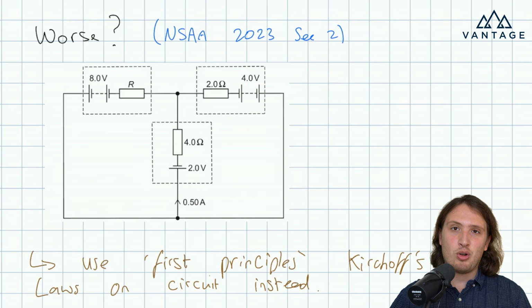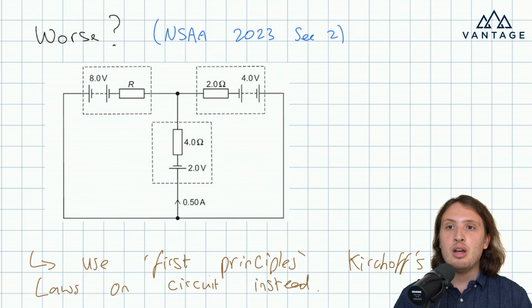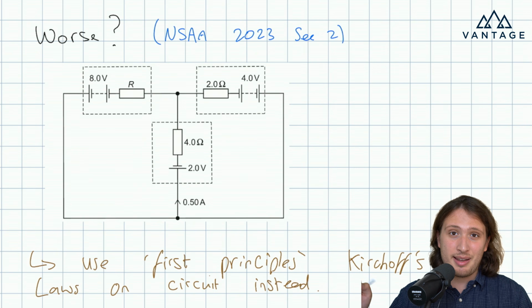Now we can have more complicated configurations. So for example, here's a setup from NSAA 2023 section 2, which is much more complicated. We've got cells dotted around the circuit with components between them. So in these more complicated configurations, it's best not to attempt a V equals IR on the circuit analysis and instead return to first principles using Kirchhoff's current and voltage laws.